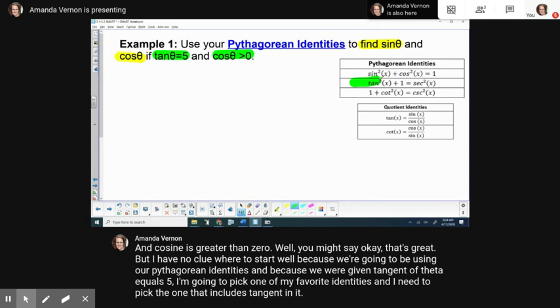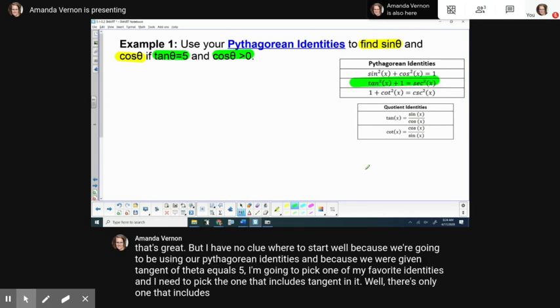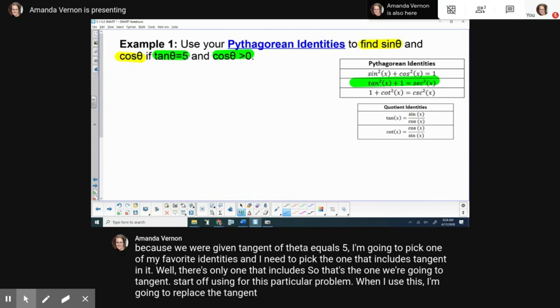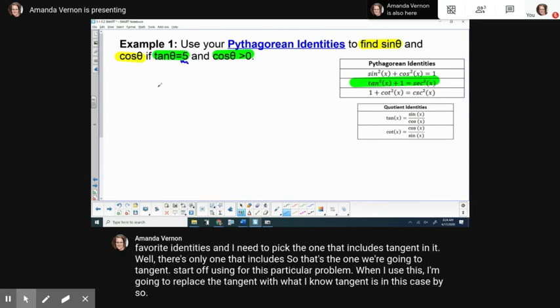Well, there's only one that includes tangent, so that's the one we're going to start off using for this particular problem. When I use this, I'm going to replace the tangent with what I know tangent is, in this case, 5. So we're using tangent squared of theta plus 1 equals secant squared of theta.